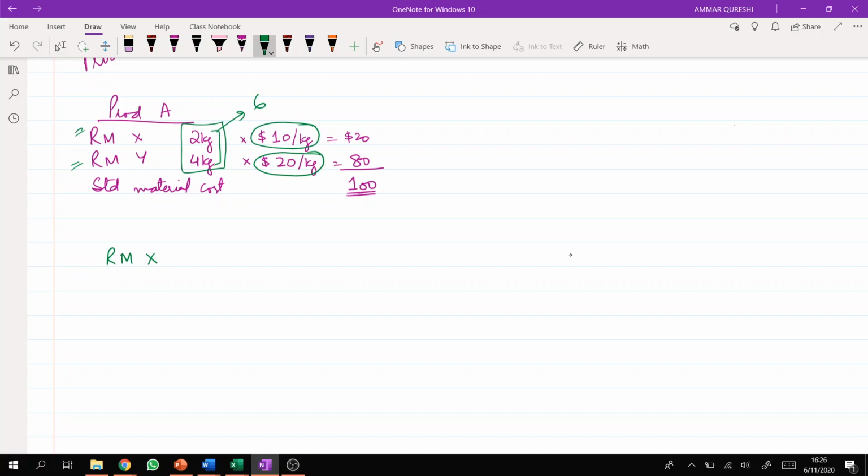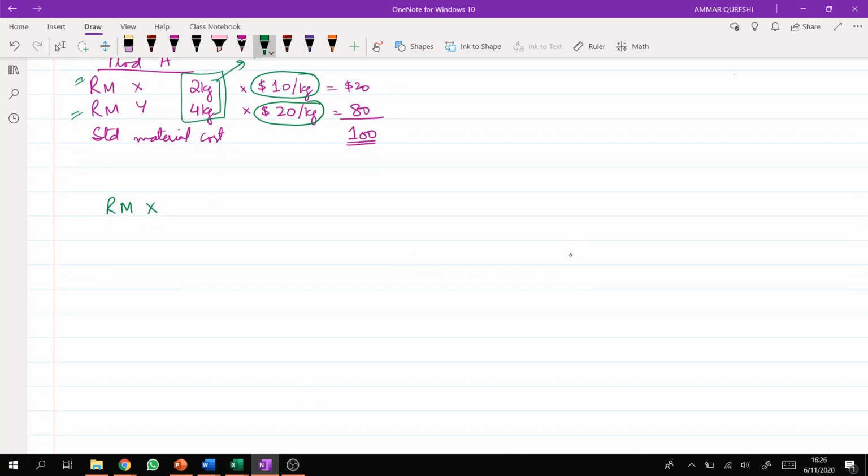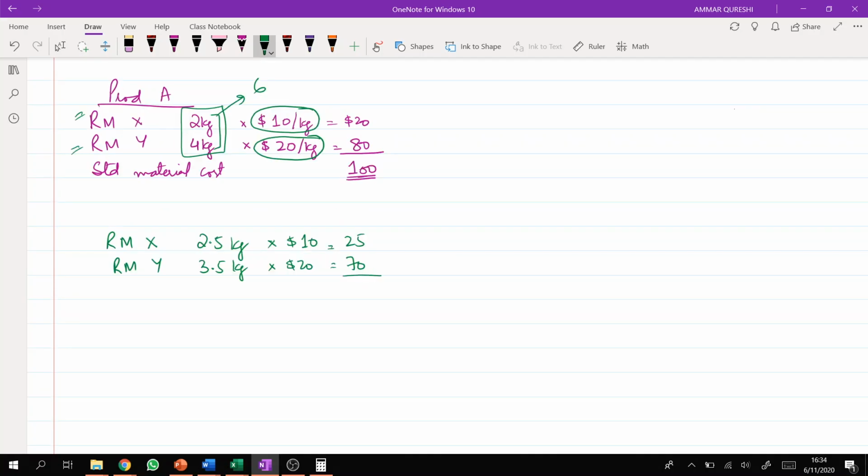For example, if they input 2.5 kilograms of X for the manufacturing of the product, and approximately 3.5 kilograms of raw material Y, what will happen? Raw material X cost is $10 and raw material Y cost is $20. So 3.5 into 20 is approximately 70. So 25 plus 70 is 95.